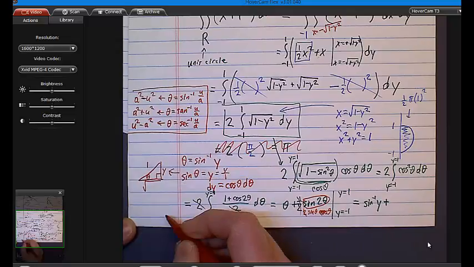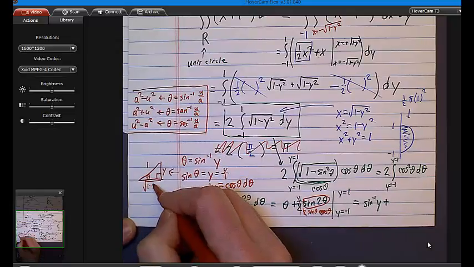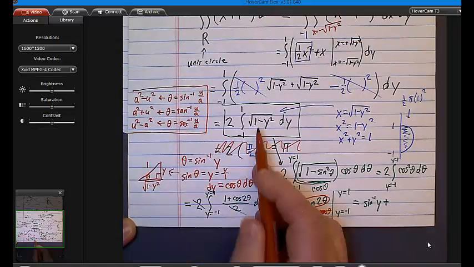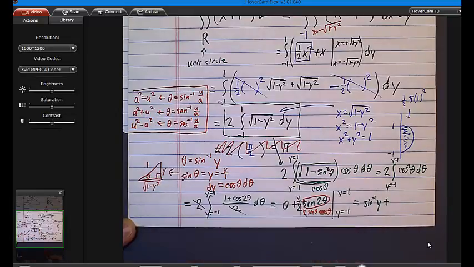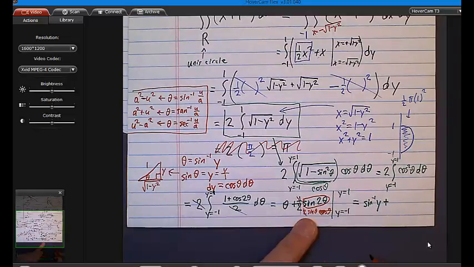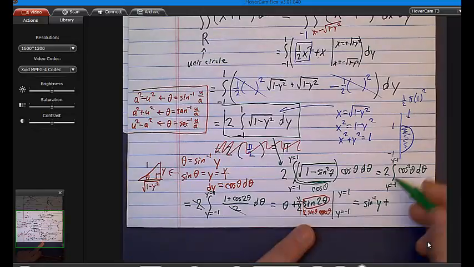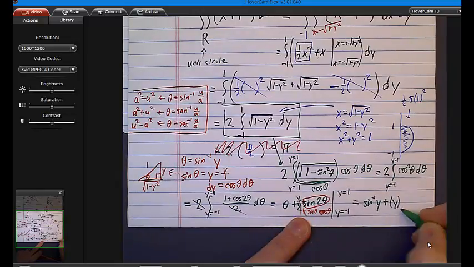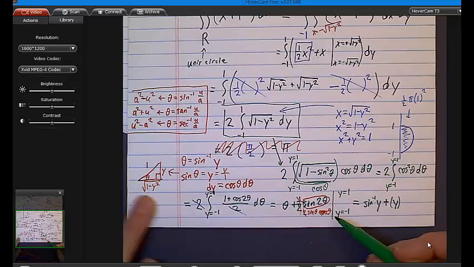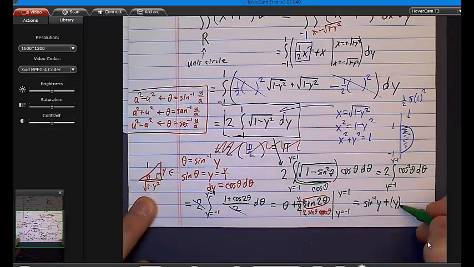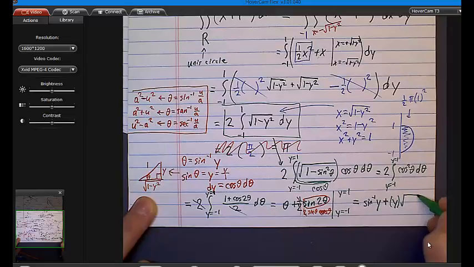The square root of... Hey, and if you get that, and that was in your integrand, that's a good sign that you're doing something right. I was telling my Calc 2 people that. So we like to draw that picture. But anyways, back to my program. Where it says sine of theta, I can write y. And where it says cosine of theta, what I can write from the picture is the square root of 1 minus y squared.